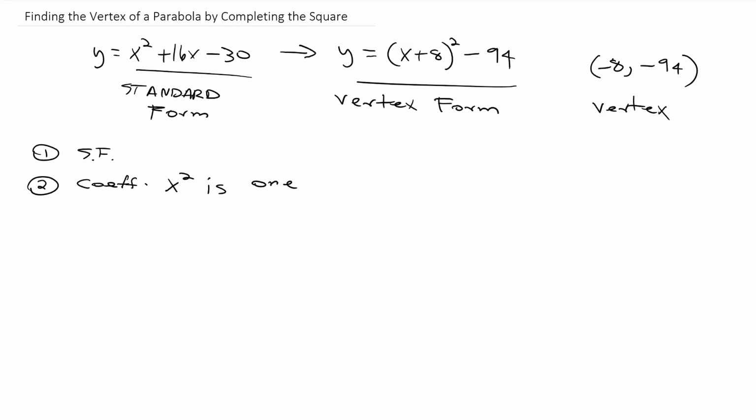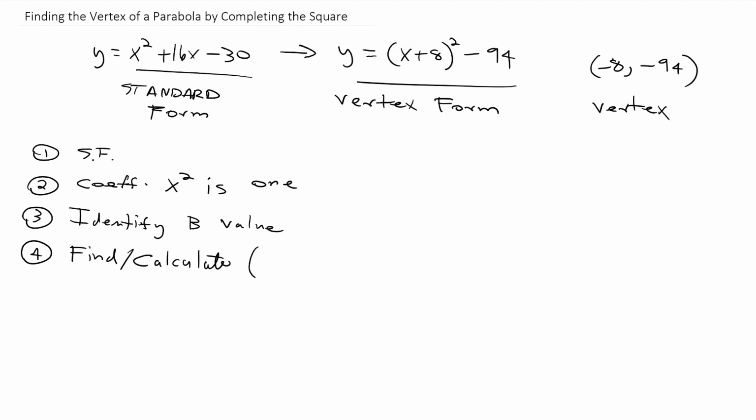From there, we can identify the b value, and we're going to talk about what all of that is. Once you identify the b value, we calculate this expression, b divided by 2 squared.